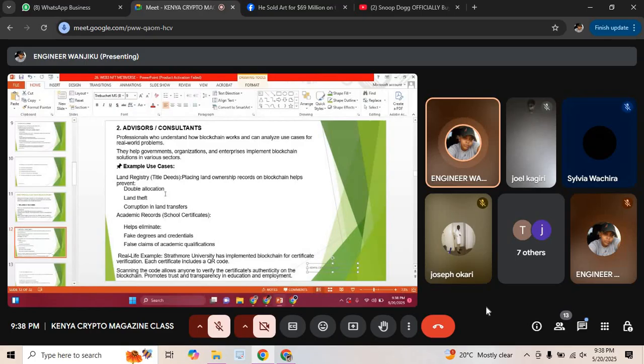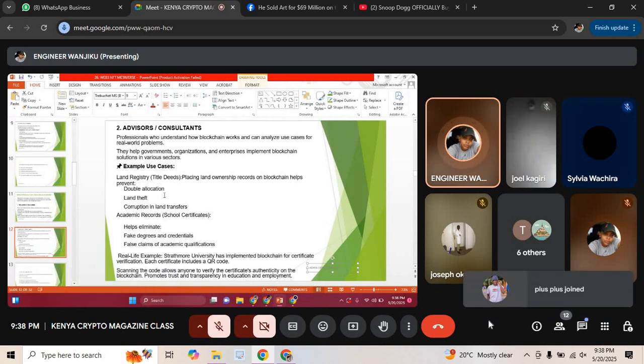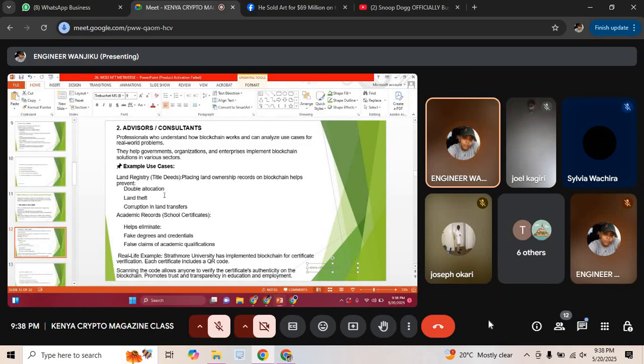So if these documents were placed on the blockchain, it is giving us as the public, remember, the blockchain is open source, the freedom that you can go to the blockchain and confirm for yourself if Sakaja actually went to that university and was accorded that degree. So it will help reduce false claims of academic qualification.